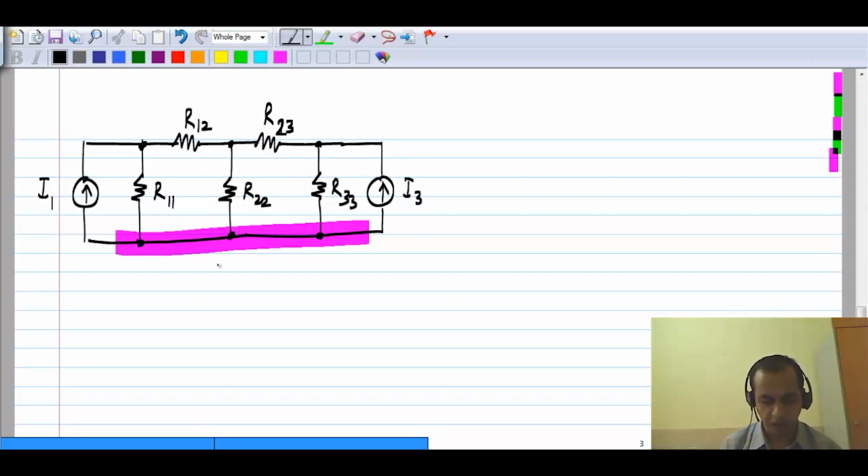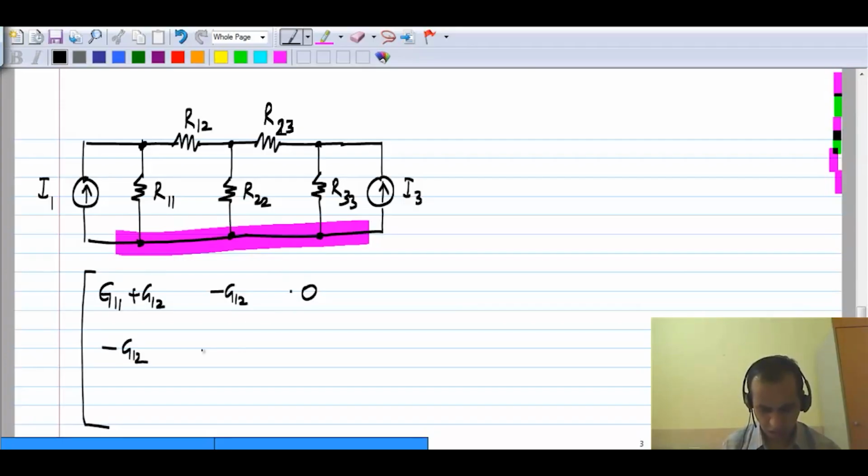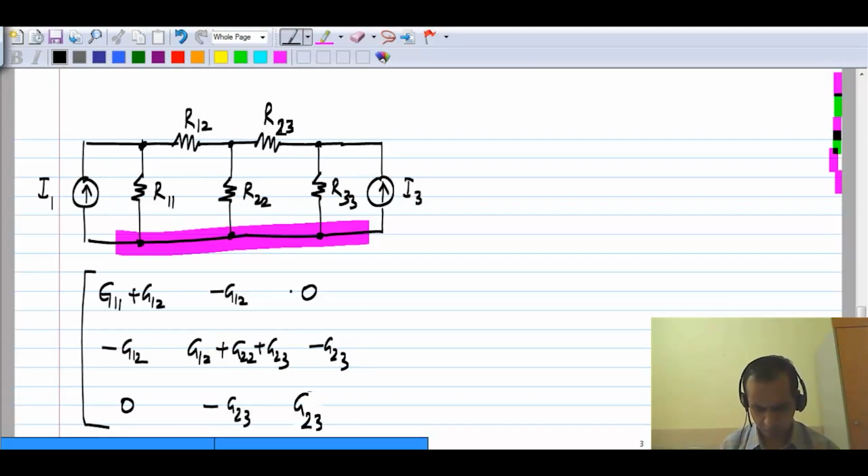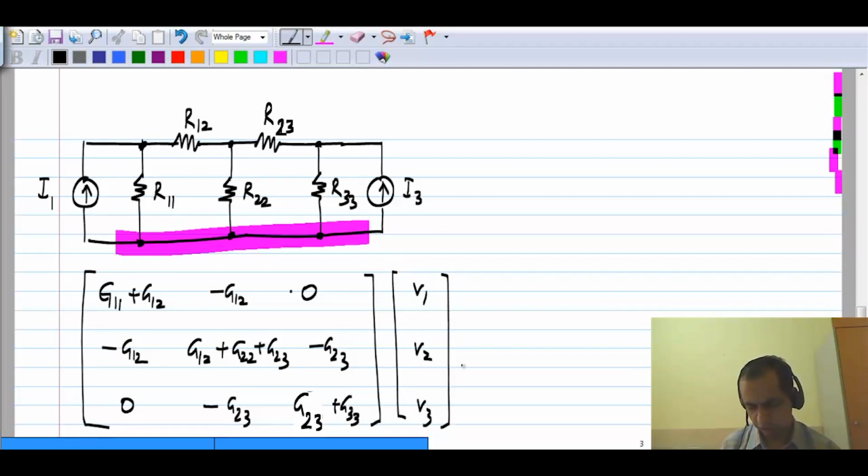Now we also have the nodal equation set up for this, which is the G matrix times V1, V2, V3 equals I1, 0, I3.